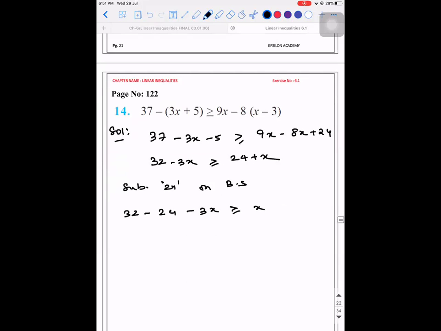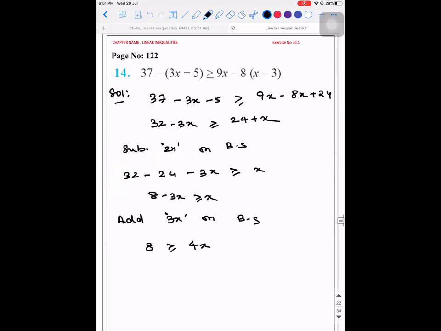So 8 minus 3x is greater than or equal to x. Now add 3x on both sides. What will you get? 8 is greater than or equal to 4x. Divide with 4 on both sides. You get x is greater than or equal to 2. So x belongs to 2 to infinity.